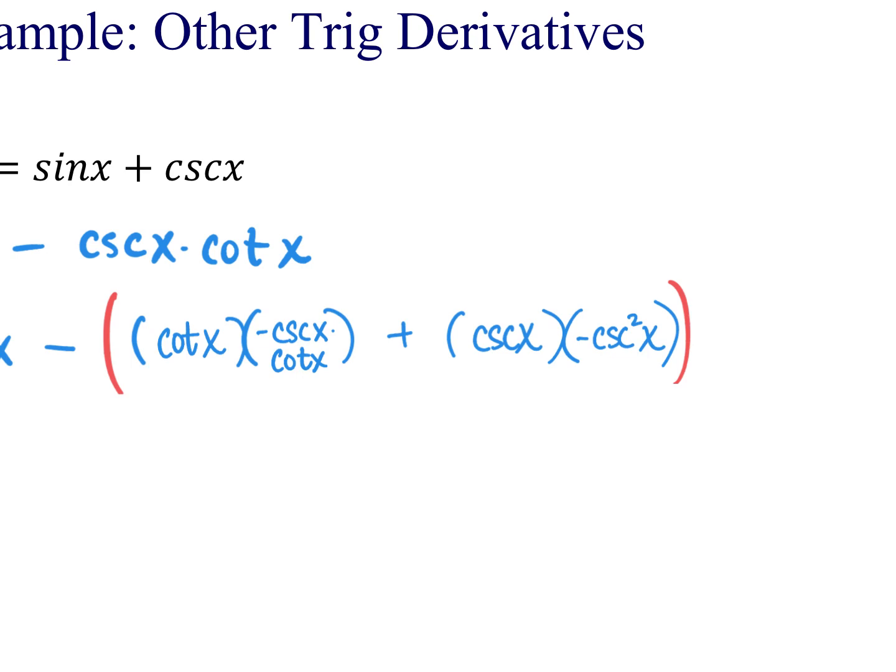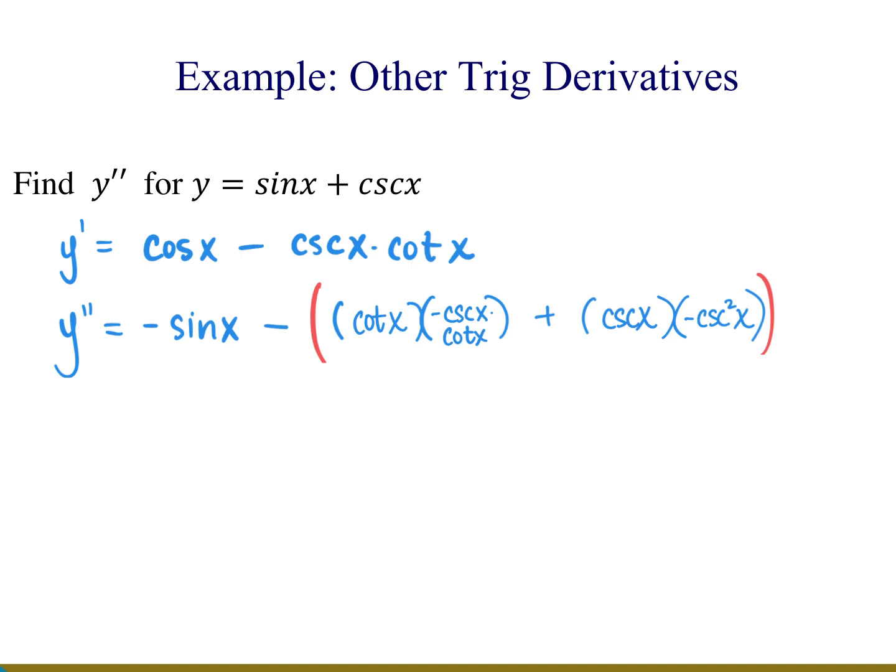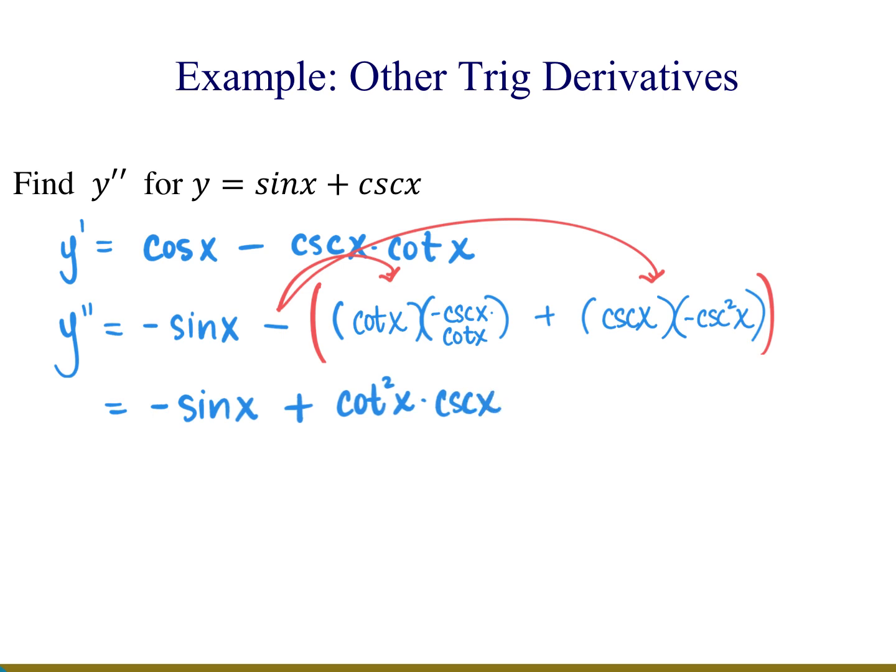All right, great. Now we will clean this all up and we will remember that we need to distribute our negative all the way back. So this is going to give me negative sine of x as I lead, but when I distribute that negative to the inside and I encounter another negative, then that becomes a positive. And I'm going to have cotangent squared, because there's two of them, times cosecant x, because there's just the one.